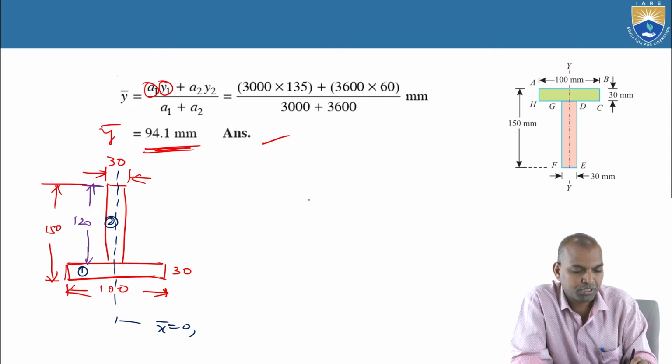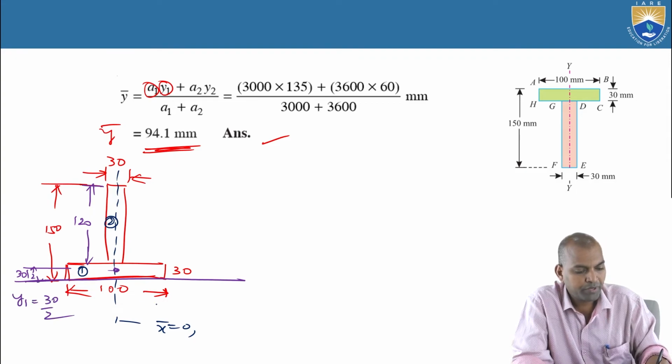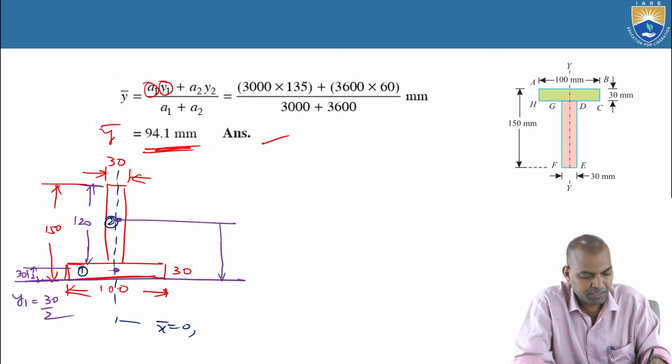Bar x equals 0, since it is symmetrical about axis Y. Here is the reference axis we are considering. We need vertical distances. Y1 equals 30 by 2, that is 15 millimeters. What about Y2, the distance of the centroid of section 2 to the reference axis?